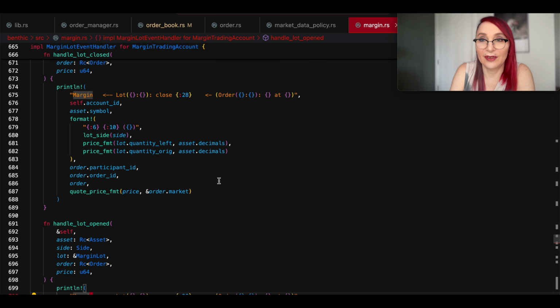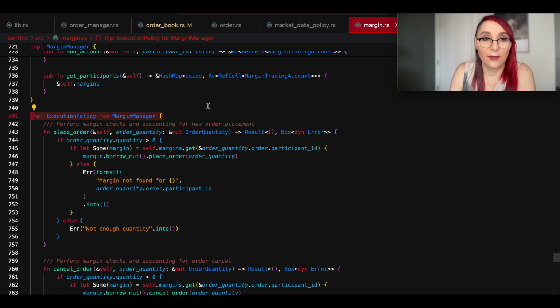We have another execution policy, for the margin manager. So this guy is implementing execution policy. And this thing is actually our logging execution policy. We can see it here, it's log executions. And it is a decorator of an inner policy, okay? So margin is also an execution policy.